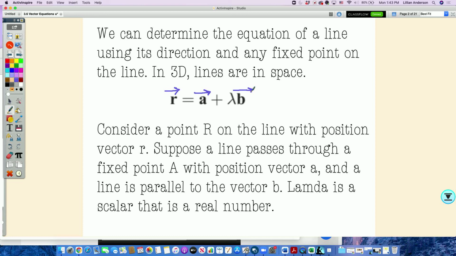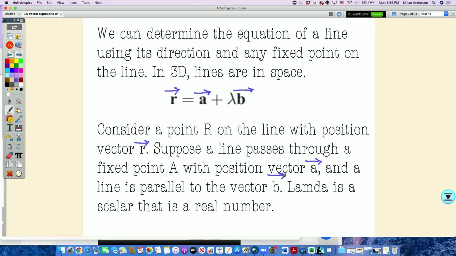Essentially what's happening, you'll see it on your next slide and also on your notes, is that you have a point R on a line with a position that is vector r. Suppose the line passes through a fixed point A with a position that is vector a, and a line that's parallel to vector b.